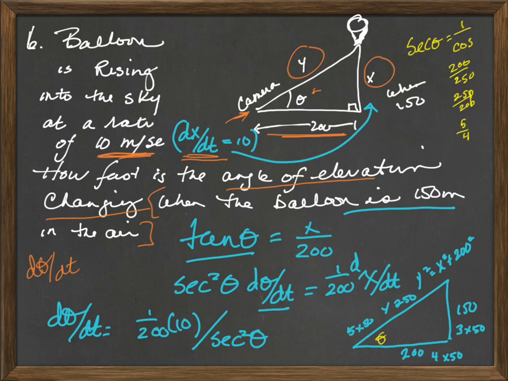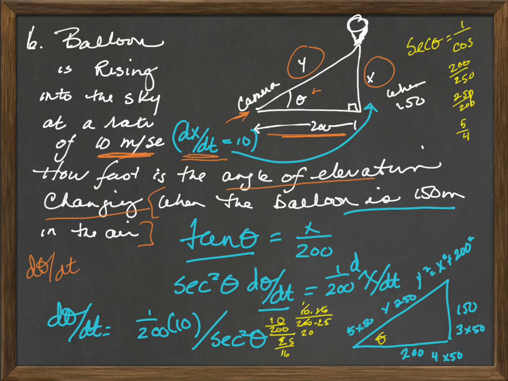So we have so far 10 over 200, right, over 5/4 squared, so 25/16. So let's try to do this. 10 times 16 would be on the top, and 200 times 25 would be on the bottom. So this 10 would go away and make that a 20. And the 16 would go, that was a 1.